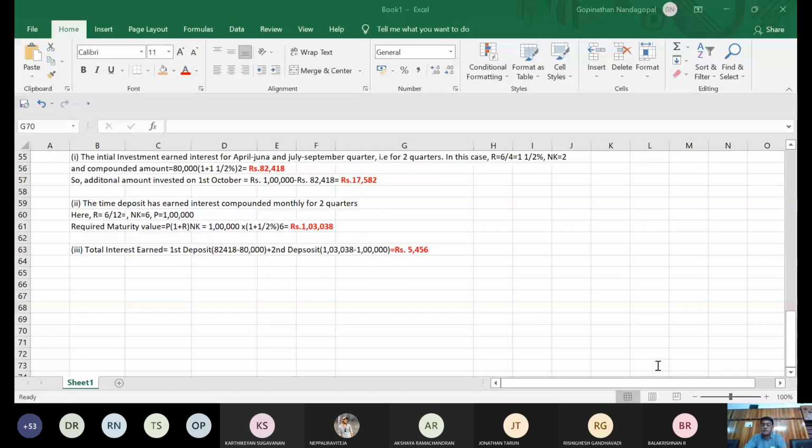Yeah, now see, this is called effective rate of interest. Are you clear now?